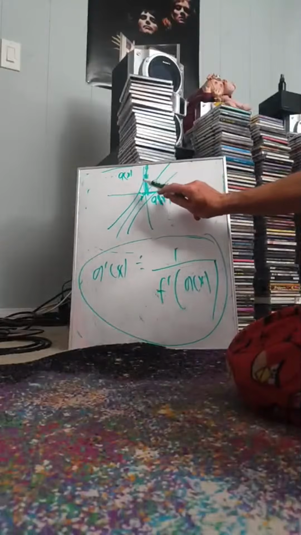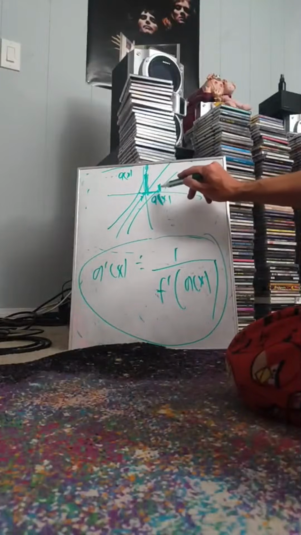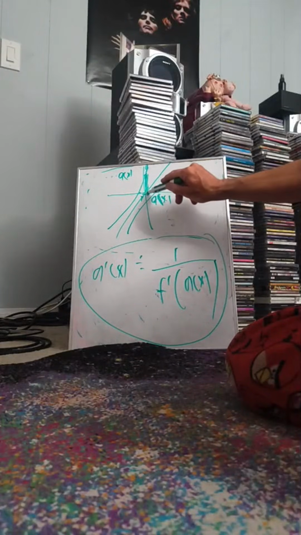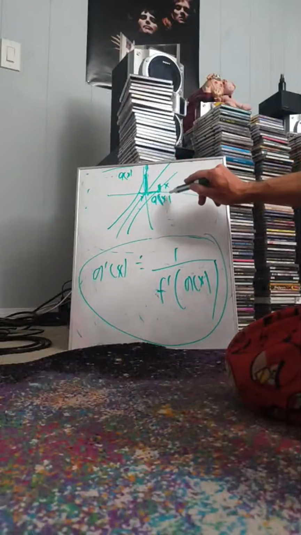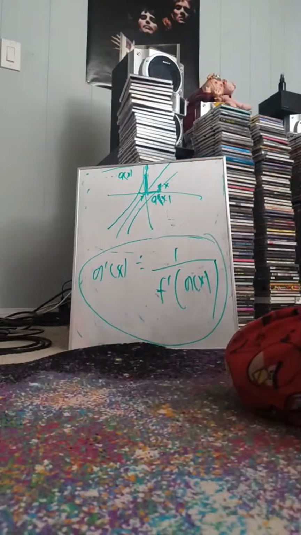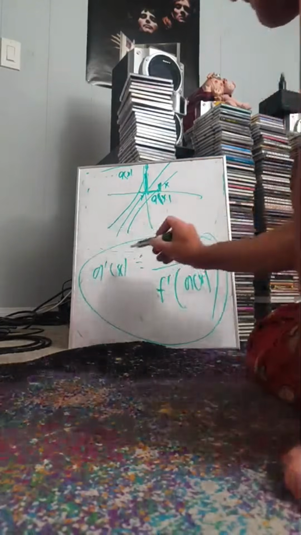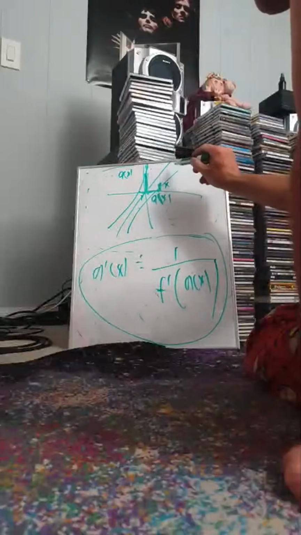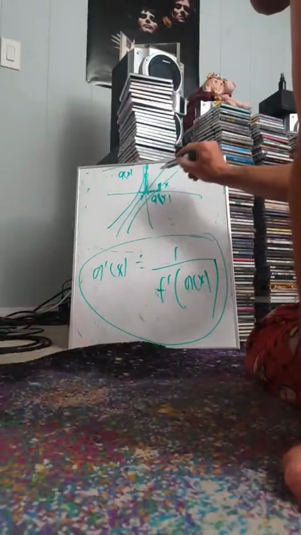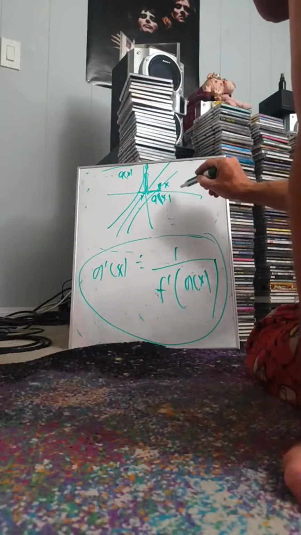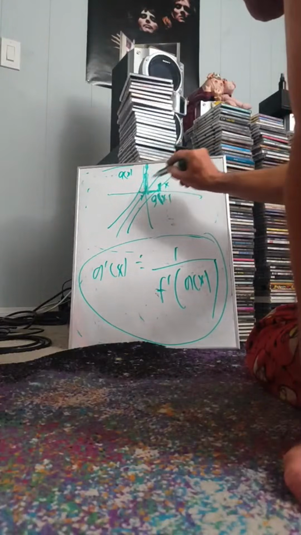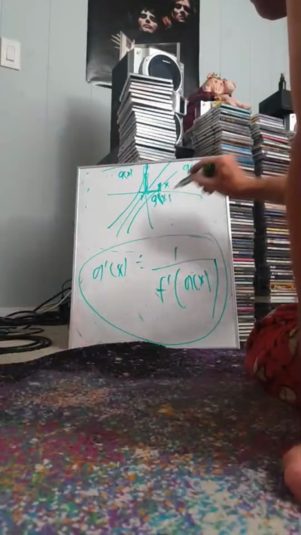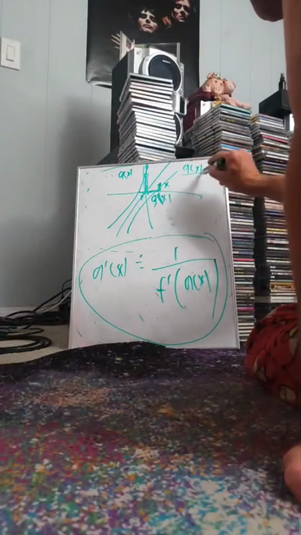Get that? If this little bit is x, this much is g of x, and this much is x. So the slope g prime of x is this big one, which is g of x, and the little one is x.